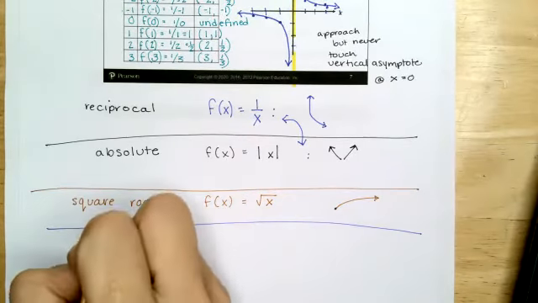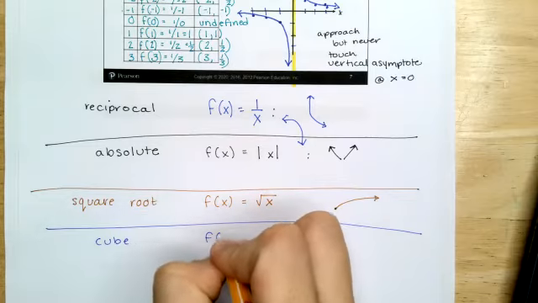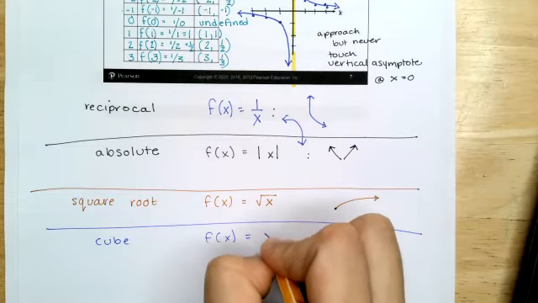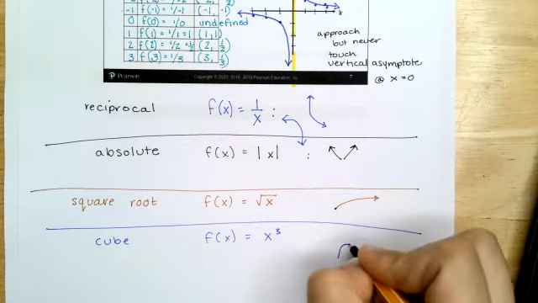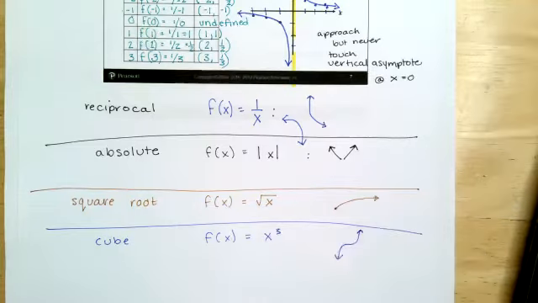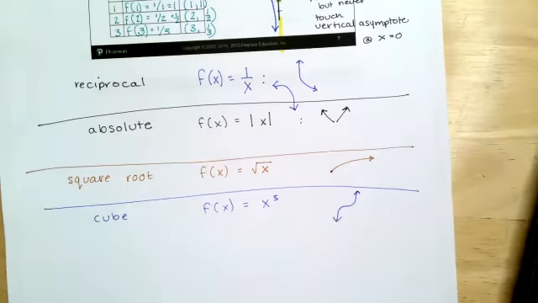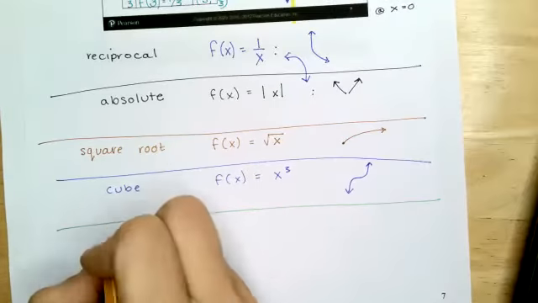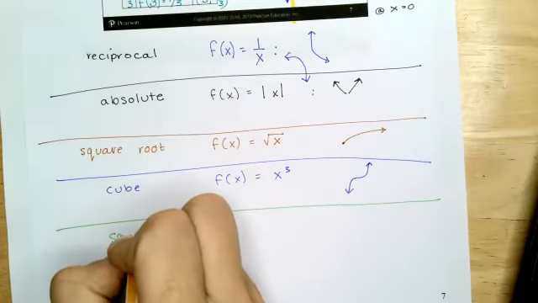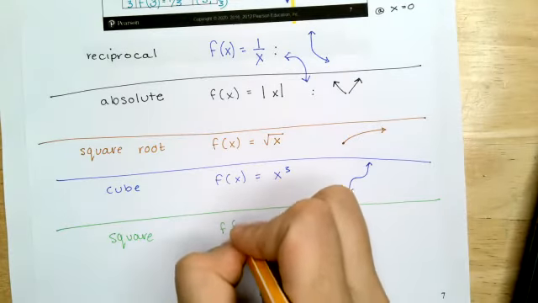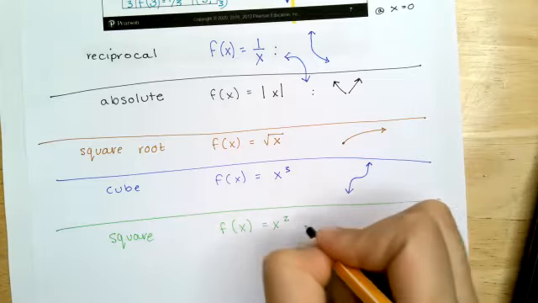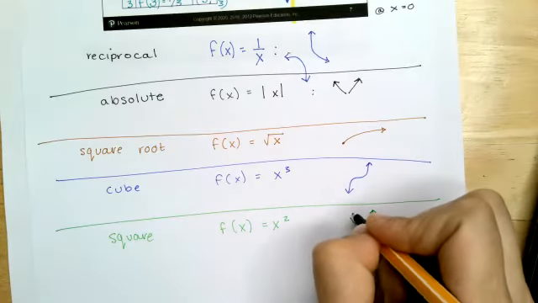Then you've got the cube, f of x is x cubed. It's going to look like that. Square means x is squared, so it's going to be a parabola.